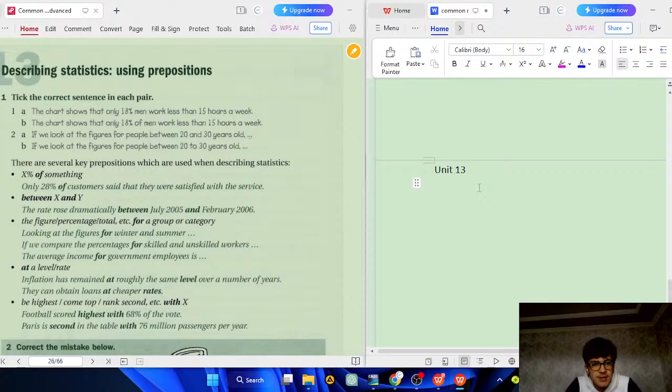The chart shows that only 18% of men work less than 15 hours a week. I think it's B. Wait. If you look at the figures for people between 20 and 30 years old, between, that A.